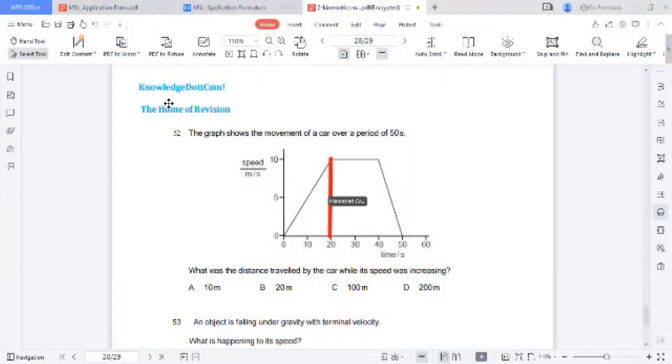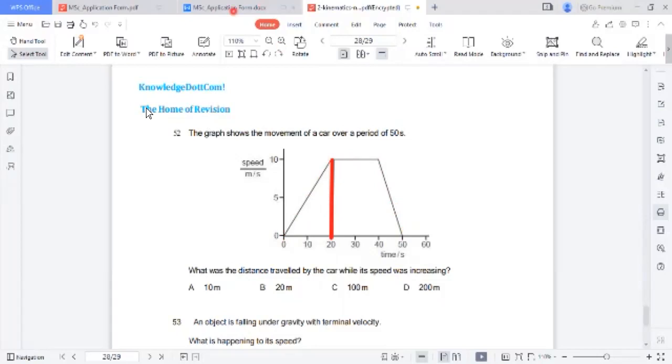After this interval, you can see the speed is constant. During this interval the speed is constant, and from here onward the speed is decreasing.